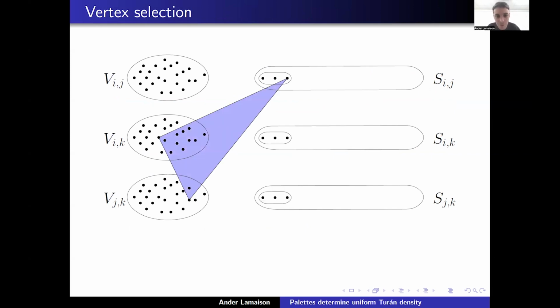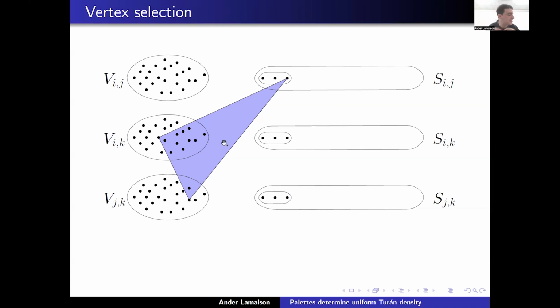So within each round, the point is that ideally we would like to control how many edges we have selected between Sij, Sik, and Sjk, between these 3 parts. But that's too much to ask. So instead, we just focus on how many edges there are that have 1 vertex here in Sij and the other 2 in the other 2 parts.